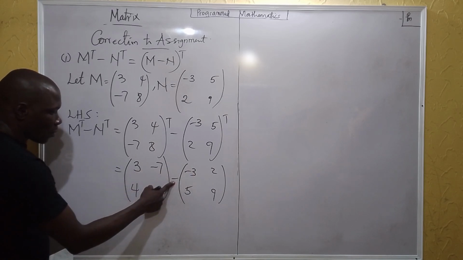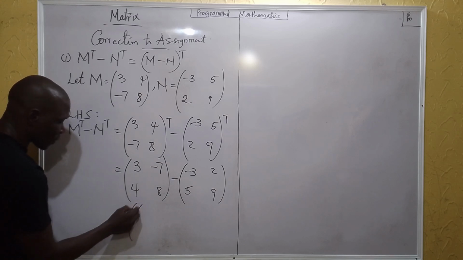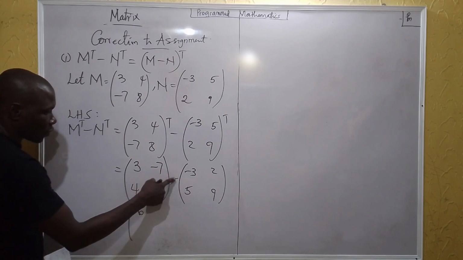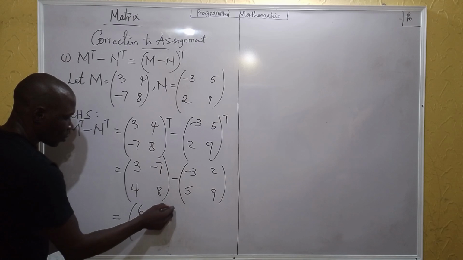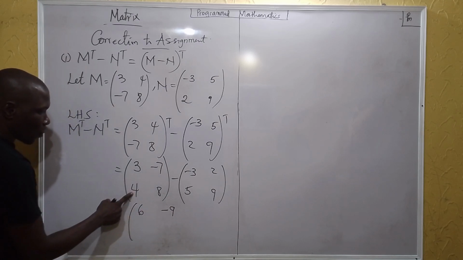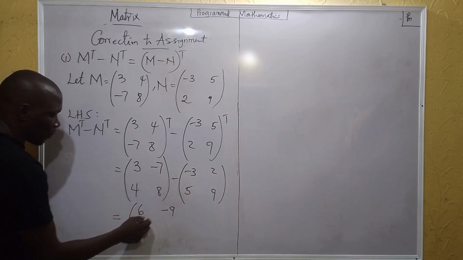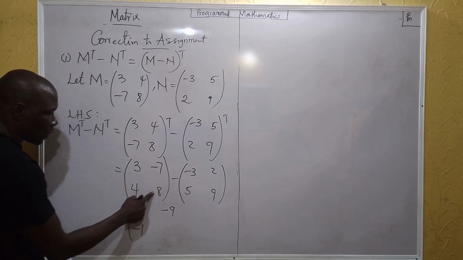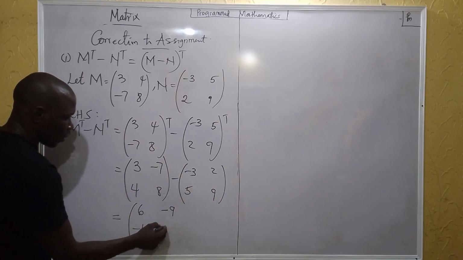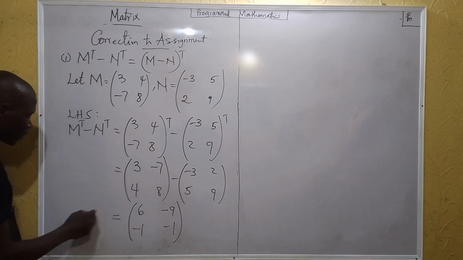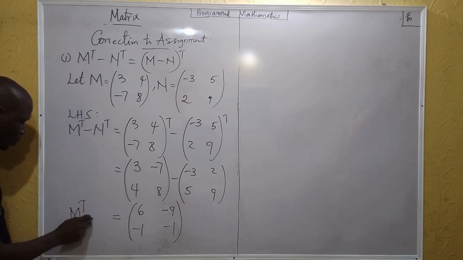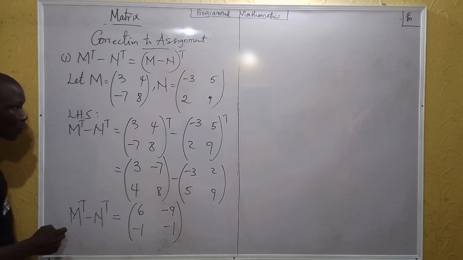So 3 minus 3 will give us 6, minus 7 minus 2 is minus 9, 4 minus 5 is minus 1, 8 minus 9 is minus 1. So this is M transpose minus N transpose.